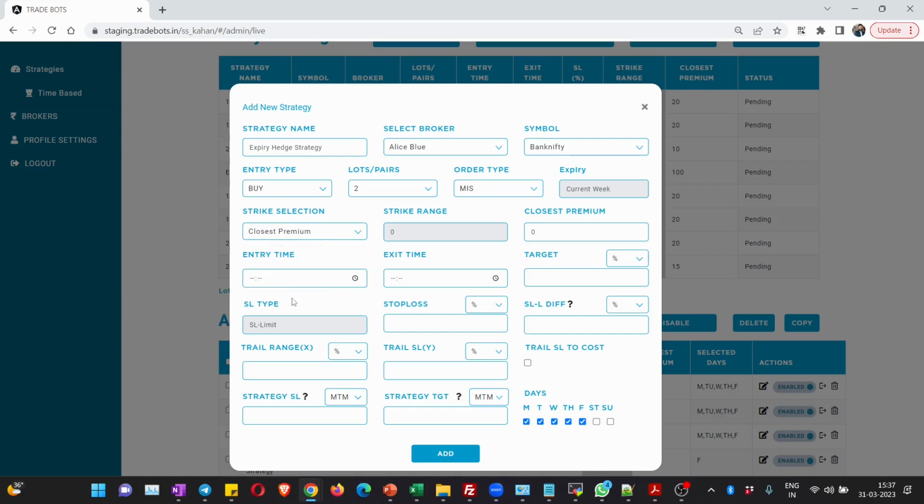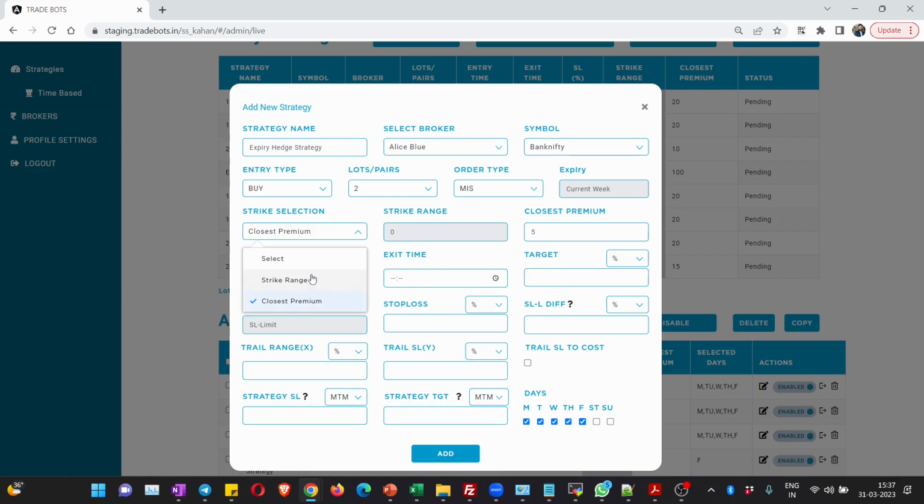And then here, maybe you can just go deep OTM, which is around 5 rupees. And you can also go with strike range, but strike range is a little difficult to anticipate which strike range would be very far.